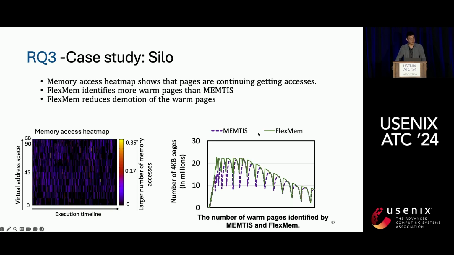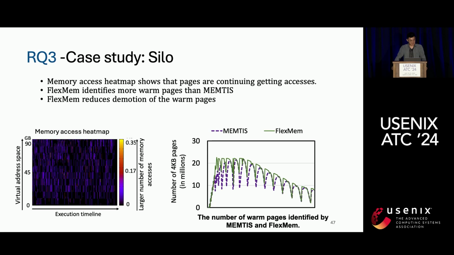Here, to answer question 3, we have a case study of Silo. Silo is an in-memory database. The left figure shows the memory access heat map. The x-axis represents the execution timeline. The left y-axis represents the virtual address space. The right y-axis represents the access numbers.